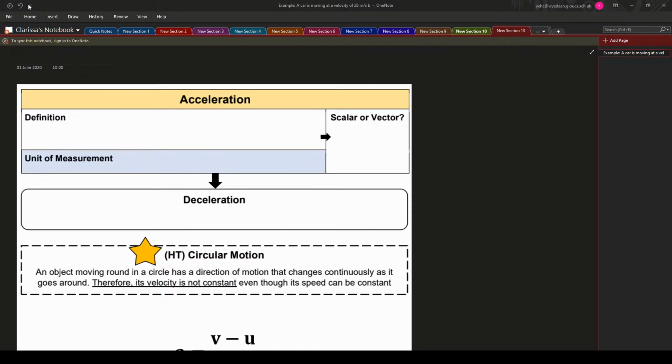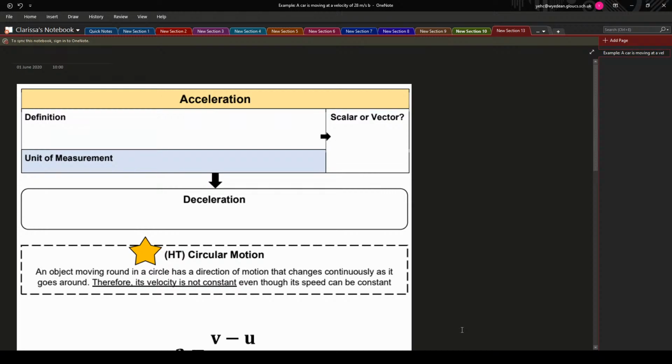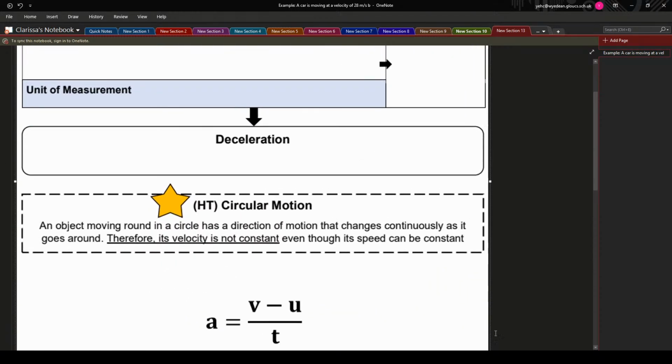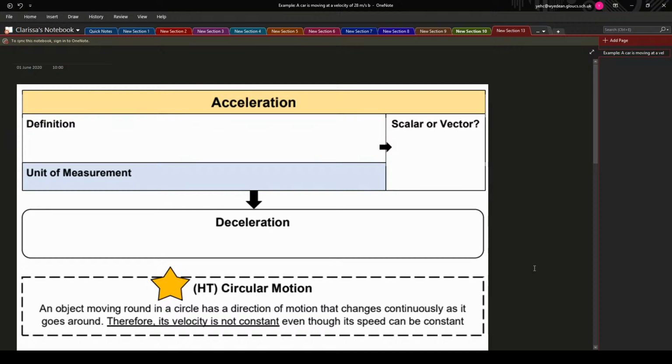We're going to be moving on to calculating acceleration today. Okay, so let's calculate acceleration.